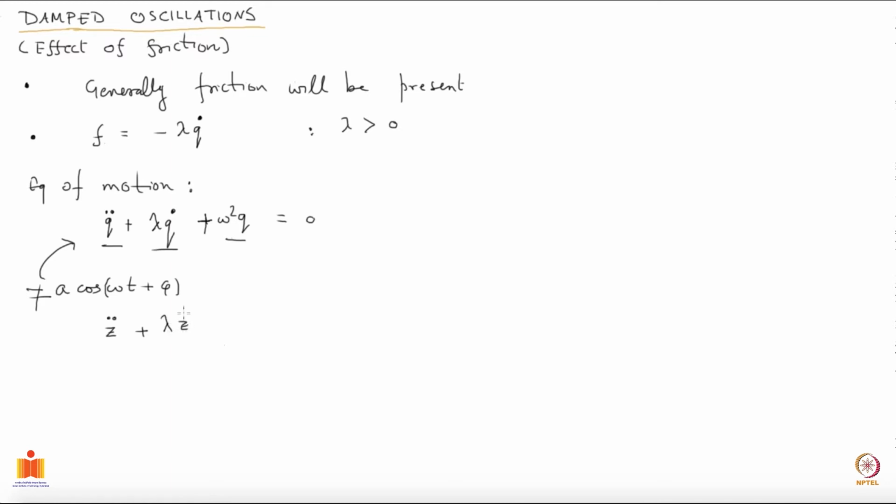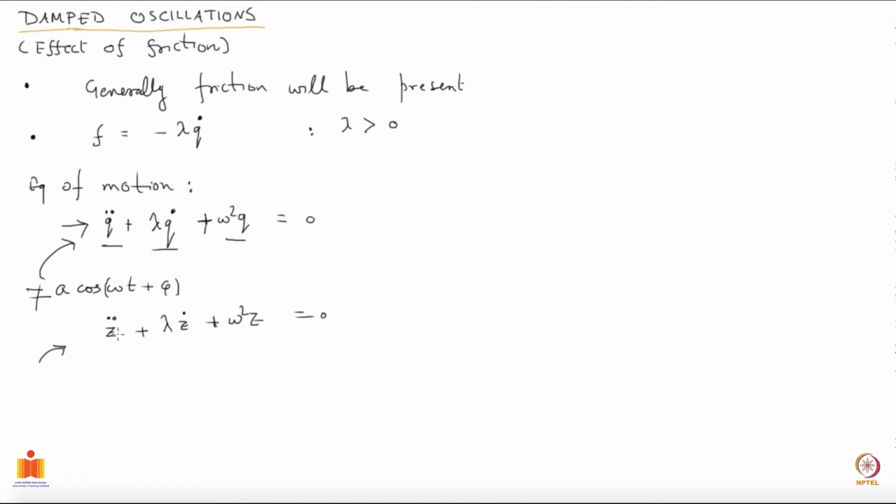Now if I take the real part of this complex equation, it will be my original equation. So if I can find solutions of this, I just take the real part of the solution.